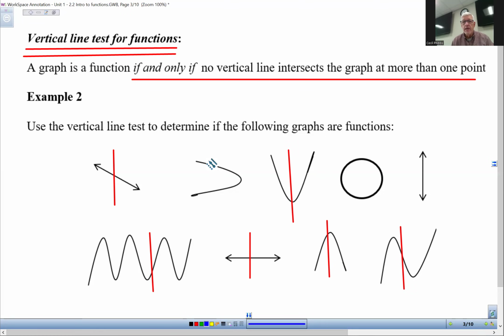However, for these other 3, there are many places where I can put a vertical line and it will intersect more than one point. In fact, this last one is a vertical line and it intersects every point. So for these 3, we would say, no, this is not a function. Again, the vertical line test is a quick, easy way to check if a graph represents a function.